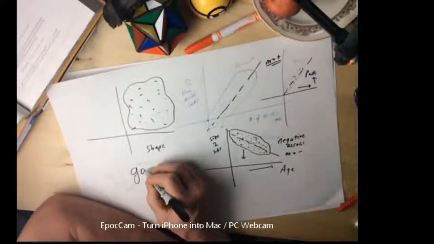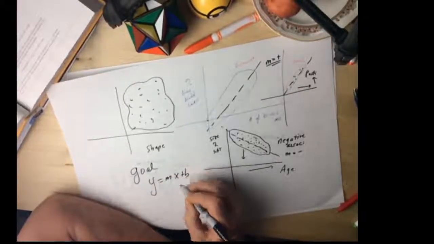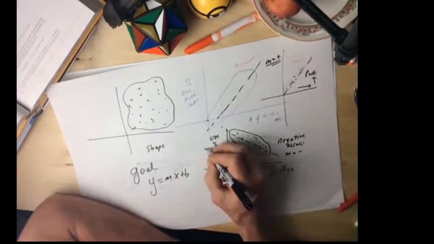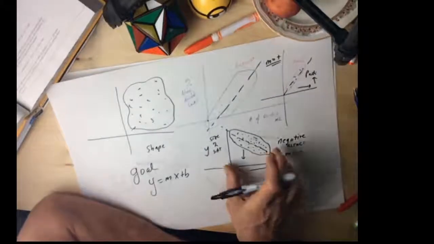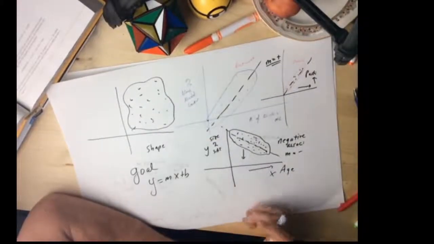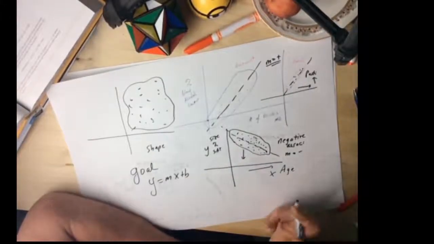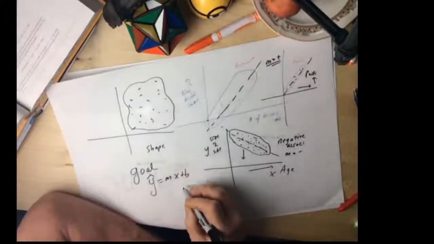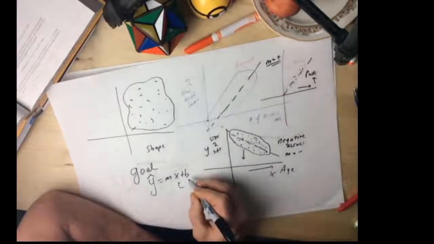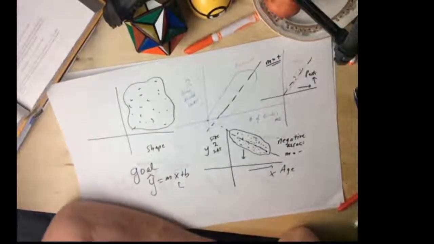So our goal is to create a y equals mx plus b. We're going to put x here and a y here. We're going to create a line that represents it. Now, when we have a variable that we think influences the other variable, when we get this line, we're probably going to want to put those numbers in to predict the future. And because of that, we usually put a hat on here because we'll put an x in, use our numbers m and b, and predict something coming out.